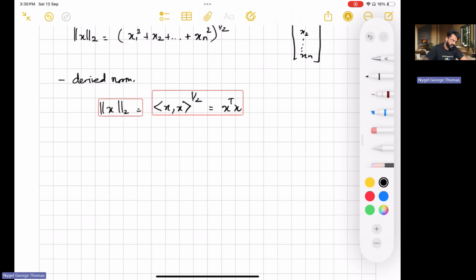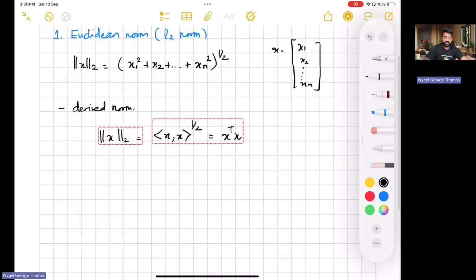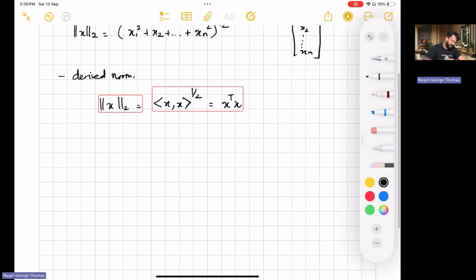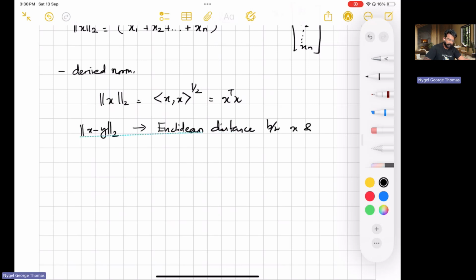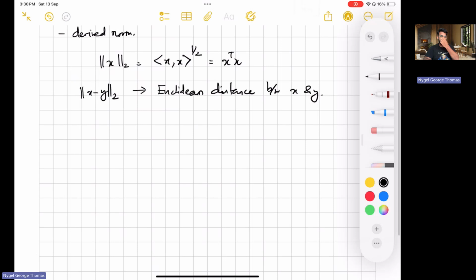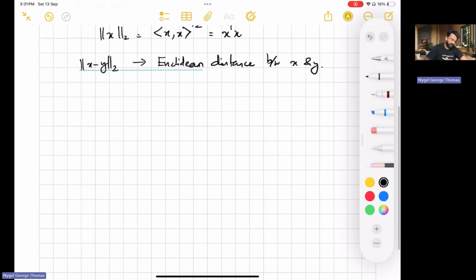This is the most commonly used norm. So why is this called the Euclidean norm? Because it gives the Euclidean distance between two vectors. For example, if we take this norm, this gives the Euclidean distance between x and y. So it's commonly called the Euclidean norm.